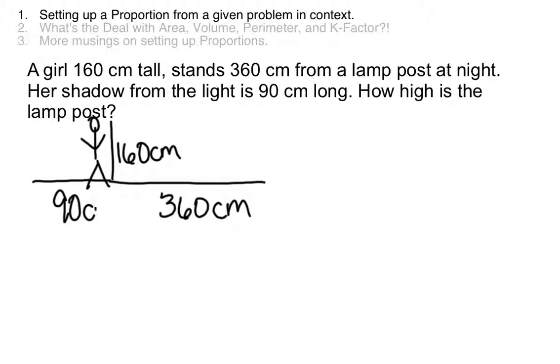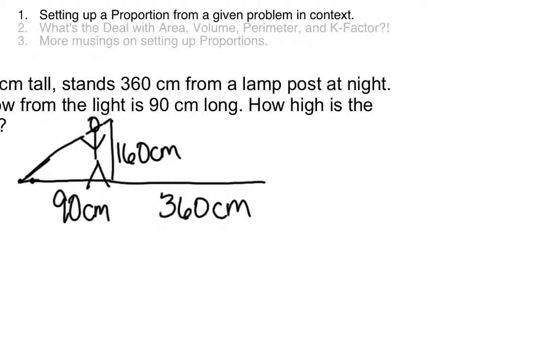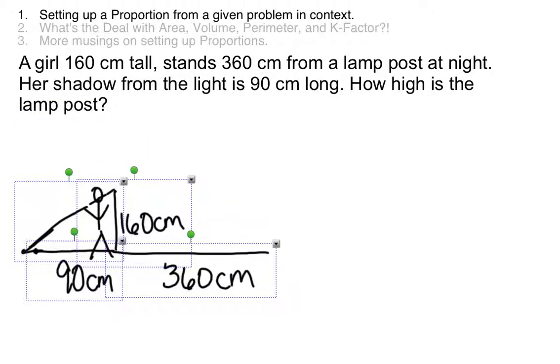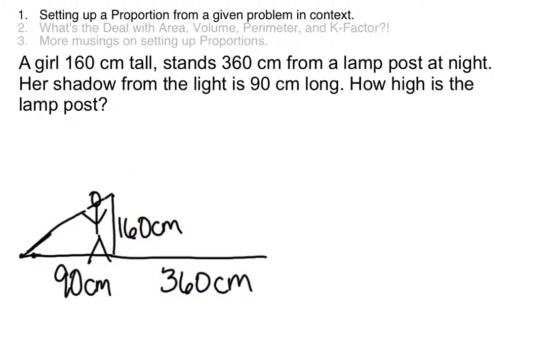So it's going to hit right at this point, and the light comes right here. And then the question is, how tall is this lamppost here? So how tall is that?